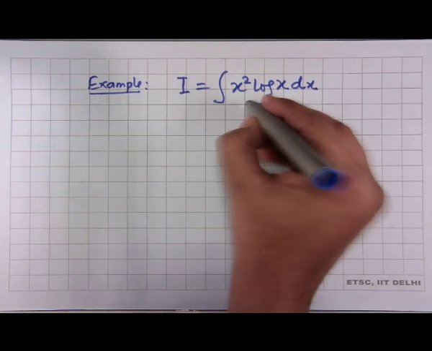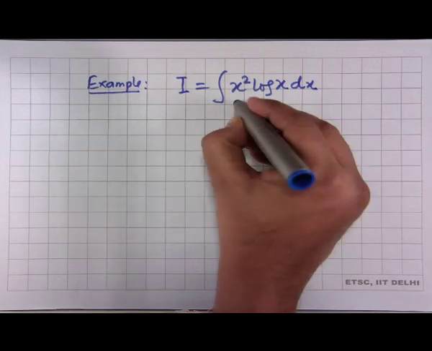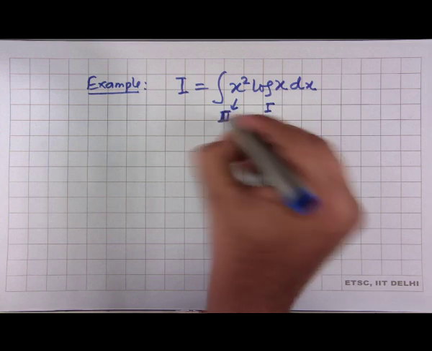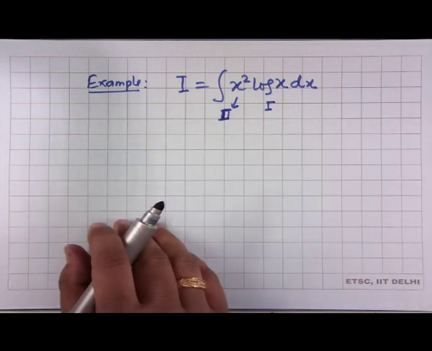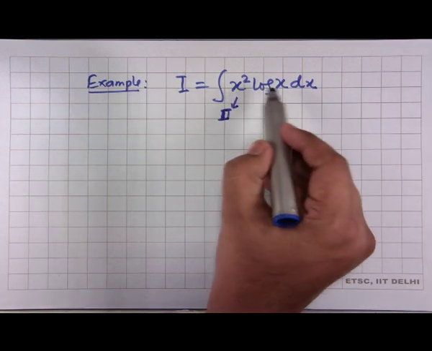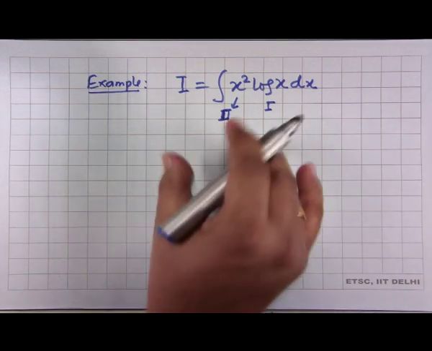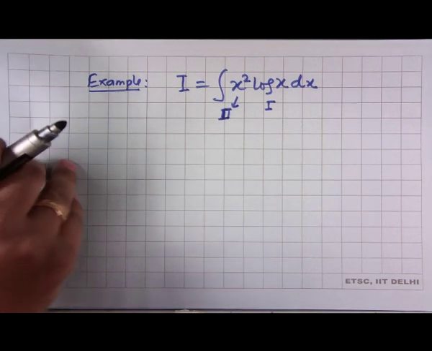First, because the ordering says that log x should be considered as the first function and the algebraic x squared as the second function, choose it that way and integrate. Then, in the second case, choose this function as the first function and that function as the second function, and then integrate, and see the difference in the calculation and try to learn from that.